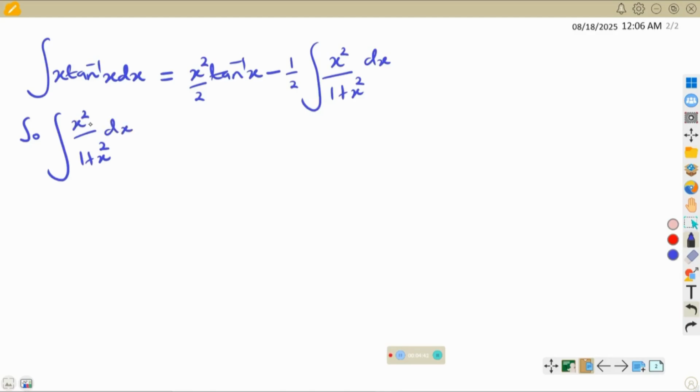When you look at this, the degree of the numerator is 2 and the degree of the denominator also is 2, meaning that this is an improper fraction. So I deal with it by long division. I'm dividing x squared by 1 plus x squared.